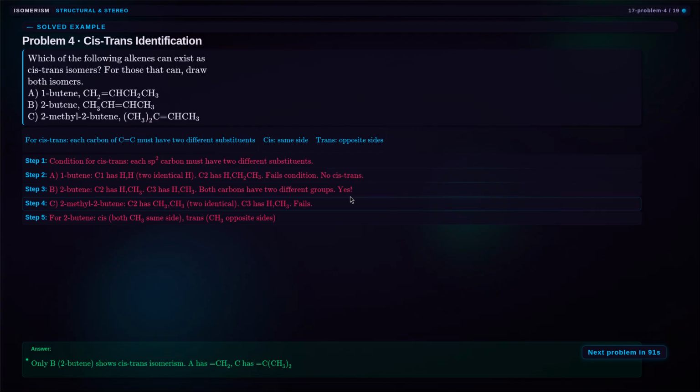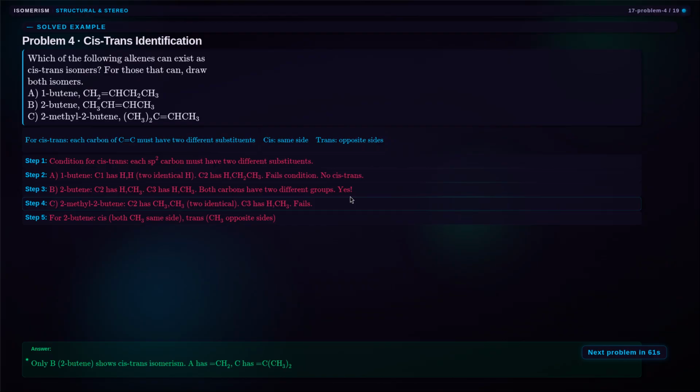Option C. 2-methyl-2-butene, (CH3)2C=CHCH3. Step 1. The condition for cis-trans isomerism is that each sp2 carbon of the double bond must have two different substituents. Step 2. Option A, 1-butene. Carbon 1 has H and H, two identical hydrogens. This fails the condition. No cis-trans isomerism.